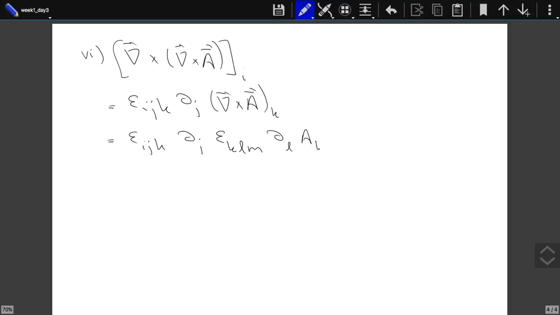Del l A_m, this is equal to, well, in the first Levi-Civita, I can first exchange k and j, and then exchange k and i, and bring the k to the first place. Why? Well, I like it that way. I made two exchanges, so no sign change. So this is epsilon kij, epsilon klm, del j, del l, A_m.